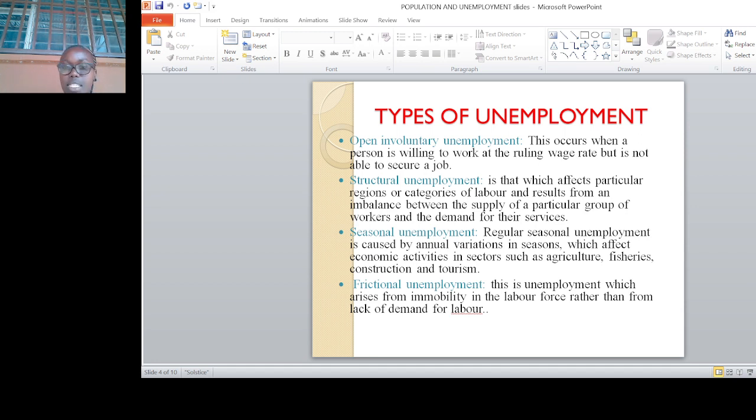So you find that the fish are less, causing the fishermen to lack their daily catch, whereby they are not able to sell, leading them to lack employment. There is also frictional unemployment, which arises from immobility in the labor force rather than from lack of demand for labor.